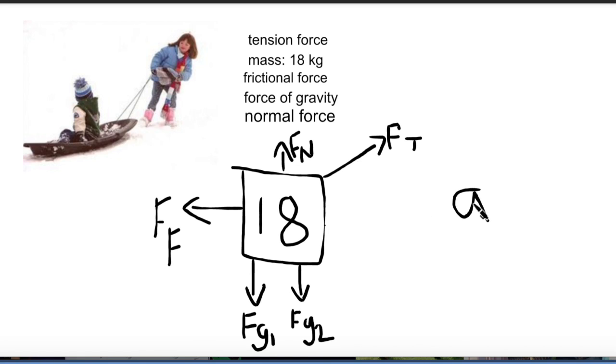And then finally, we're going to draw our acceleration, and even though the tension force is going at an angle, our sled is still moving horizontally. So still include the arrow, just horizontally above the acceleration, pointing in the direction of the motion.